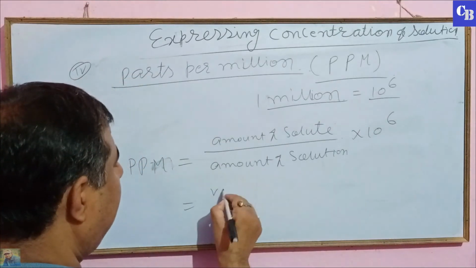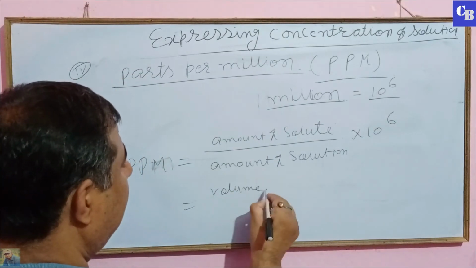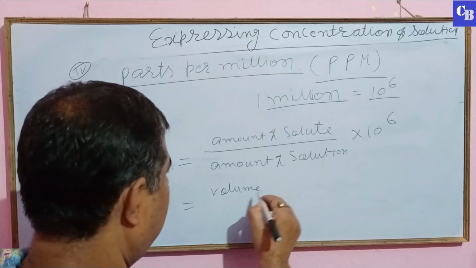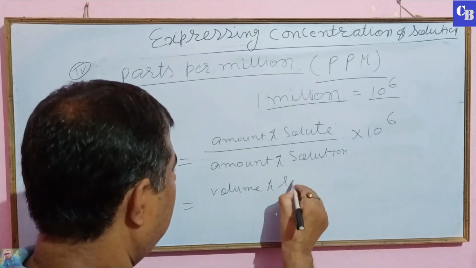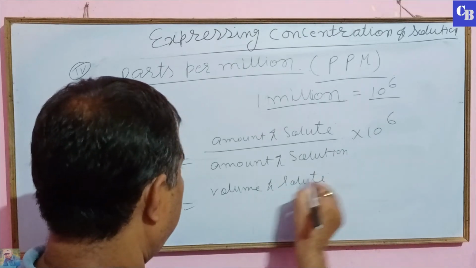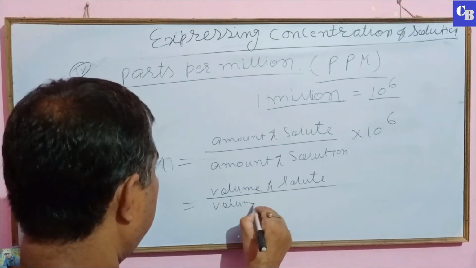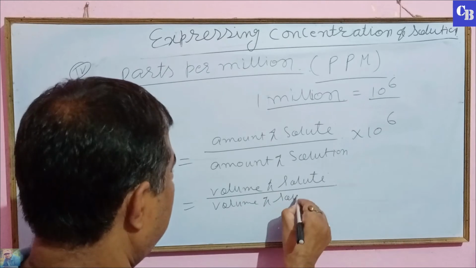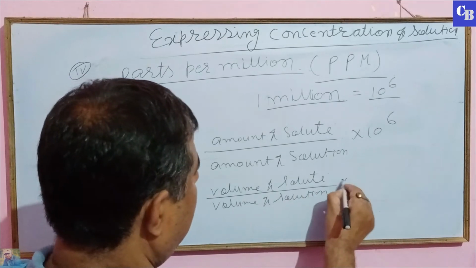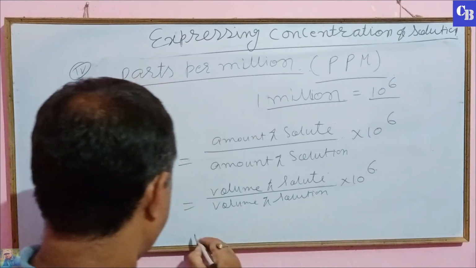If solute is in liquid, then volume of solute upon volume of solution into 10 to the power 6.